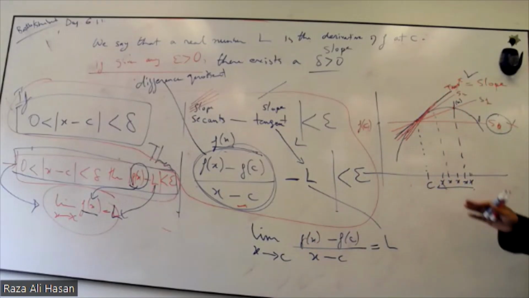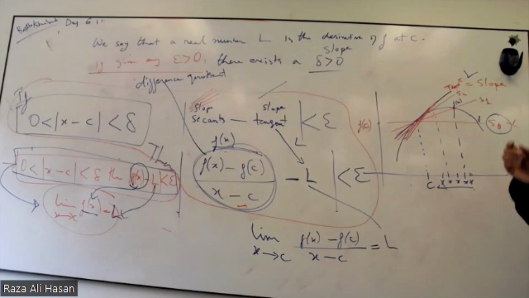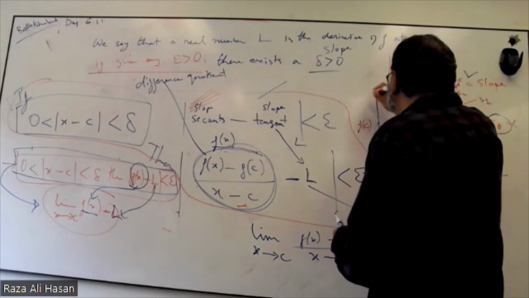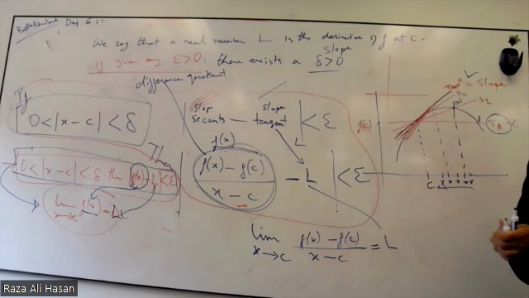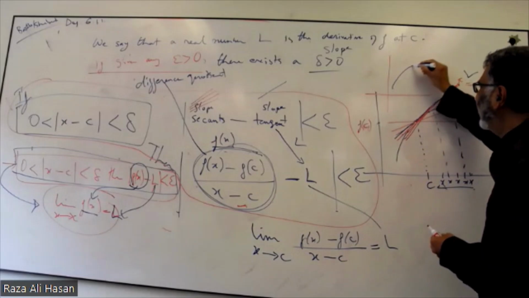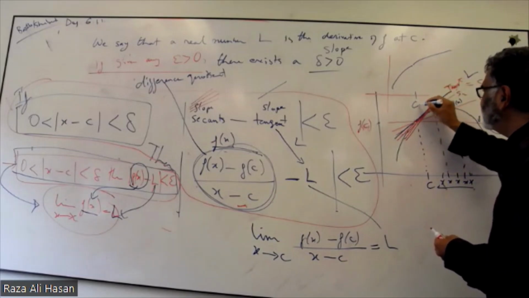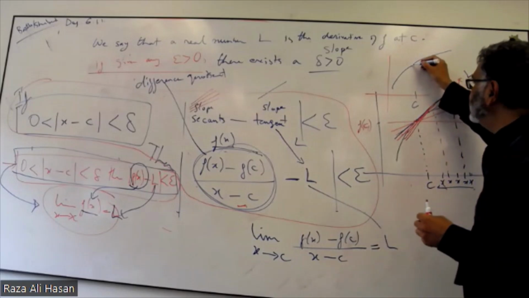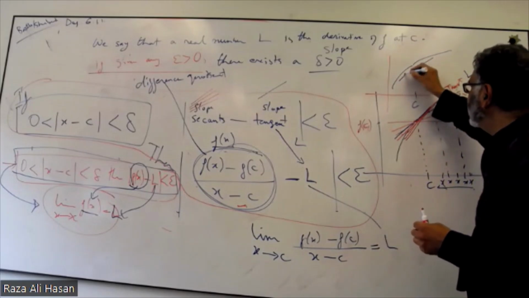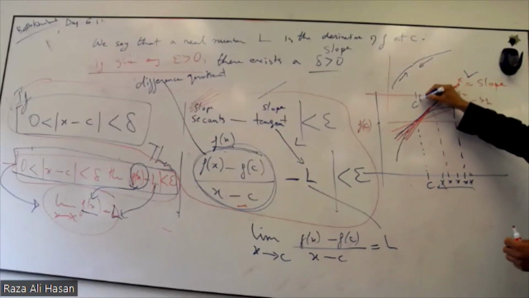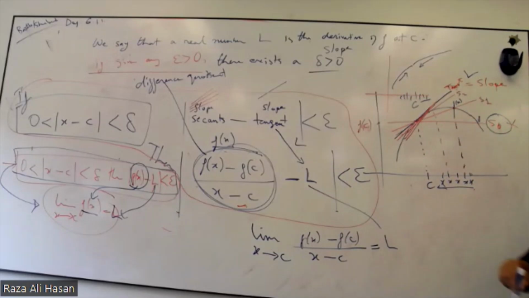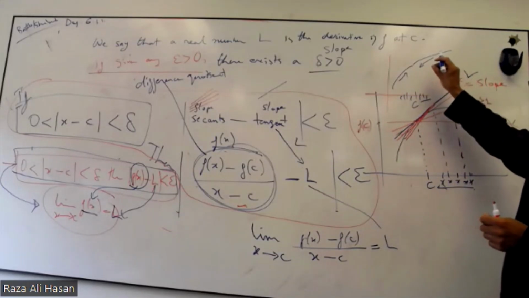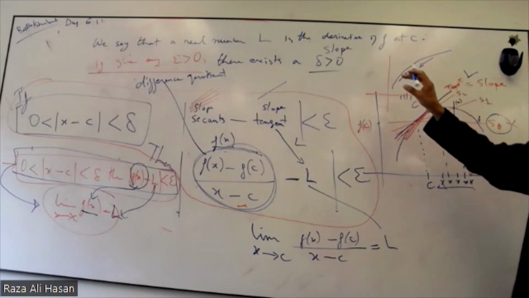Okay, so what's happened is previously, in episode 3, at c, all we cared about was whether the function has a limit at point c as the x's go here. Now what we want is to know the slope at each point, not the function values.